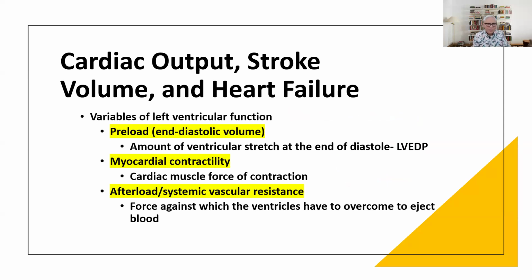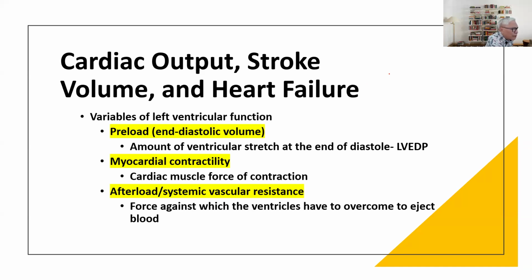And this is why this is a very important component of this discussion, to understand what preload and afterload is. Okay, so going back to this slide now, the slide shows you cardiac output. Cardiac output is the volume that is pumped from the heart in 1 minute. It is a product of the heart rate and the stroke volume. And normally our cardiac output is around 4 to 8 liters per minute.